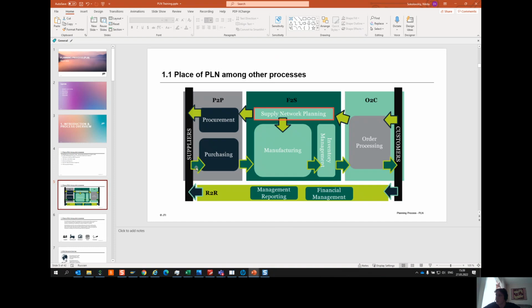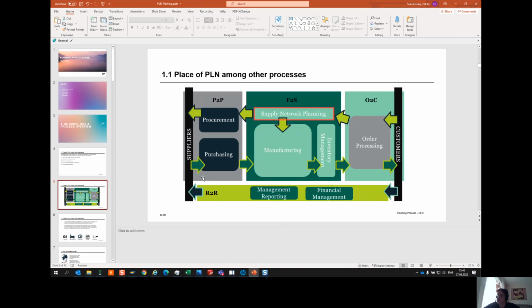And it is controlled by the P2P process in JTI, which can be split into procurement and purchasing. Long story short, the procurement part is responsible for tender conduction, choosing the best suppliers, checking the SPL, sanctioned party lists, and putting some unwanted suppliers on blacklists and so on.